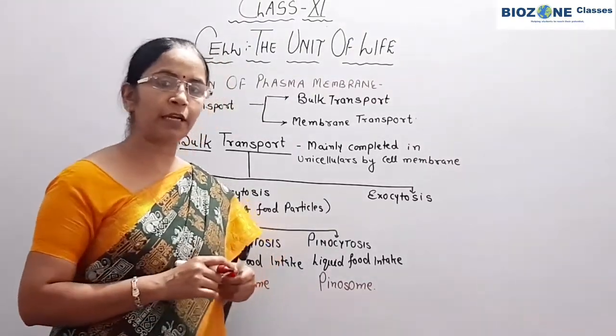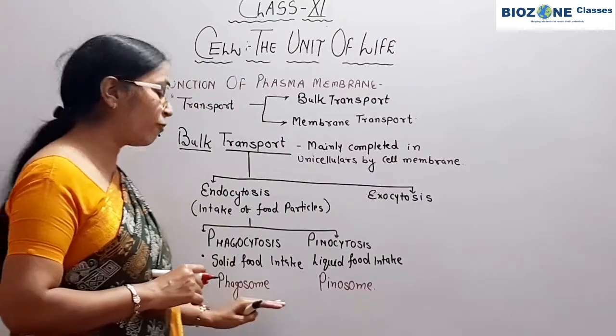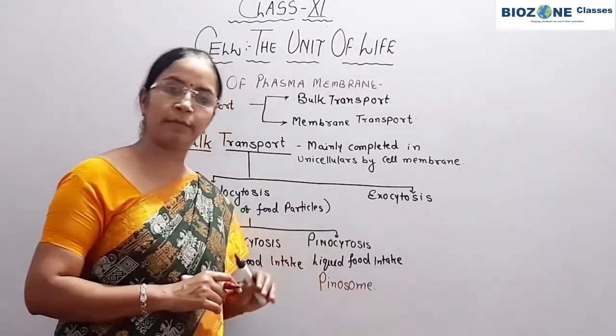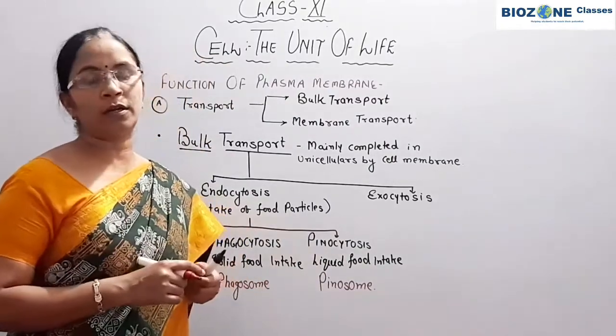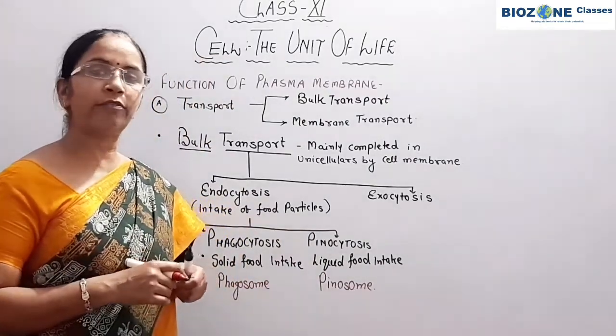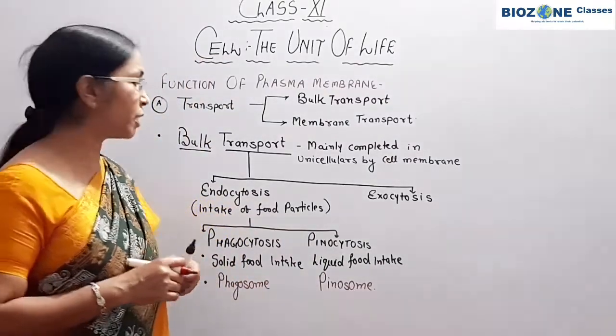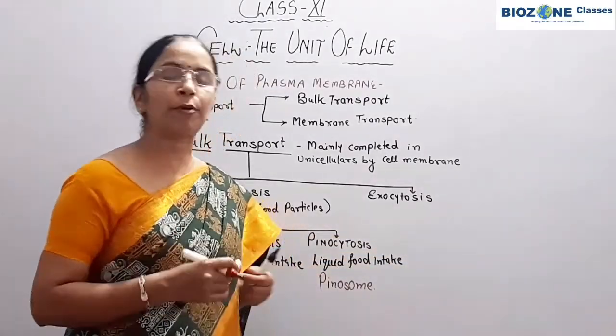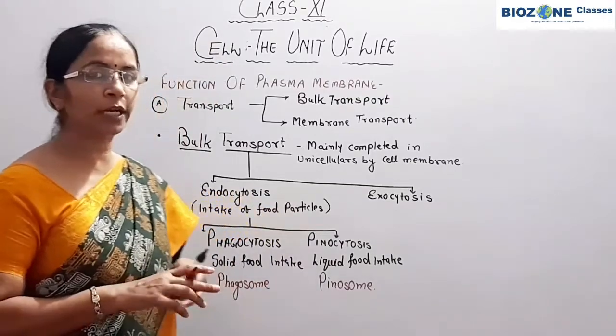The phases of nutrition will be clear to all of you. Then the undigested food as well as excretory substances are given off through the cell membrane. That process is called exocytosis.